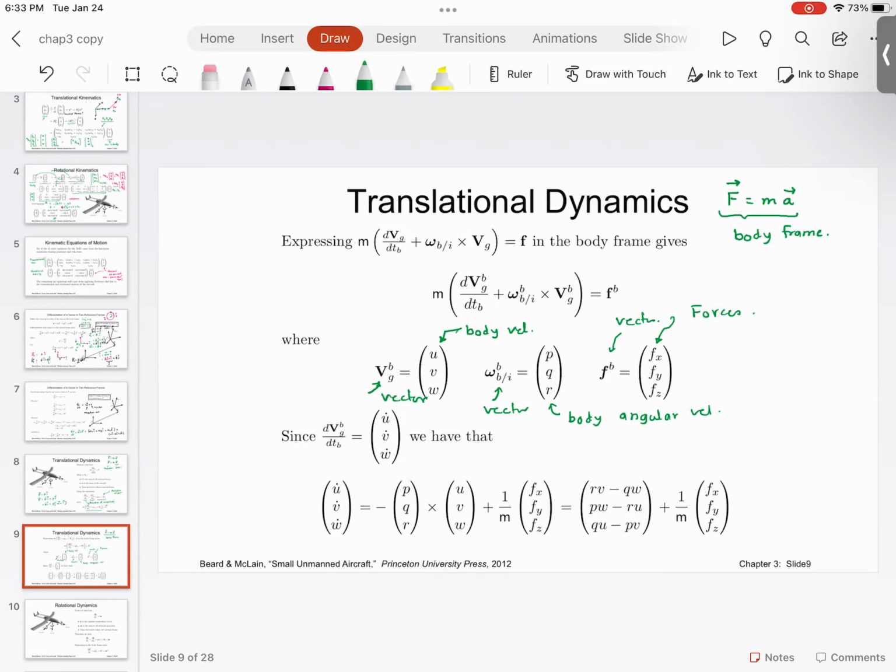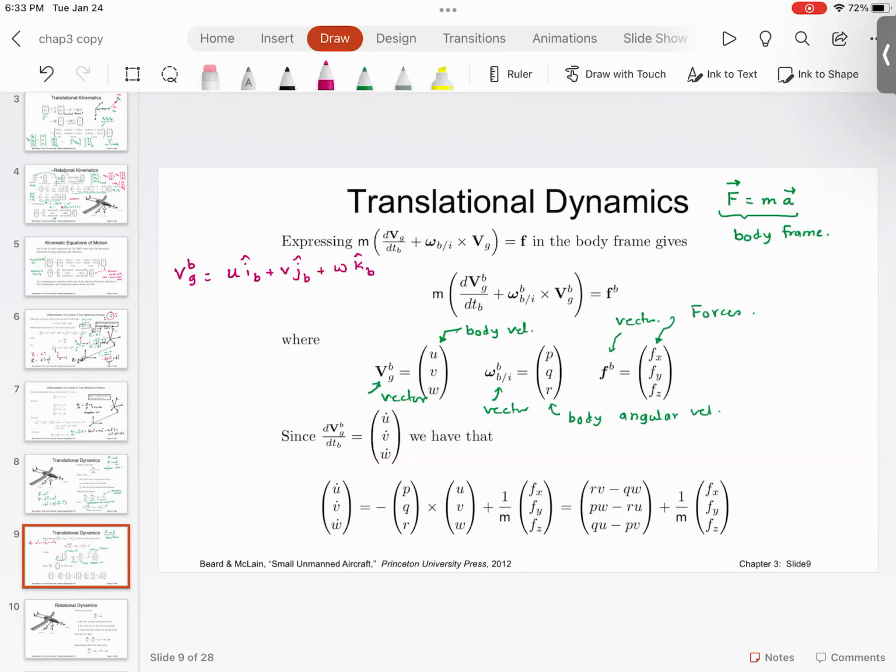For example, I can write this vector VBG as, since U is in the I direction, U times I body plus V times J body plus W times K body.